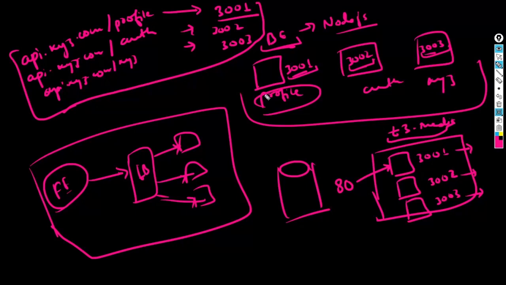Anyway, we can modify this entire scenario to use it more effectively. For example, if we want to host our frontend at xyz.com, we can host the frontend at xyz.com at port number 80, and let's say it's running on some 3004 port number.